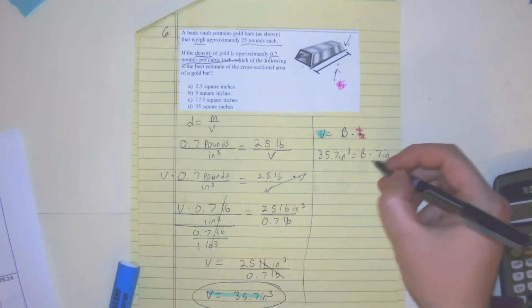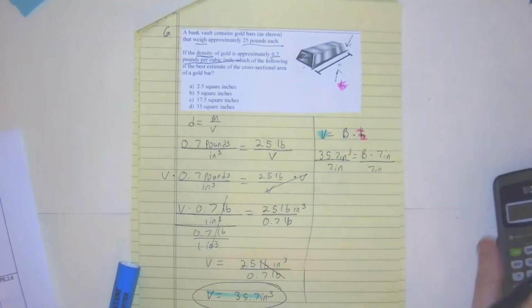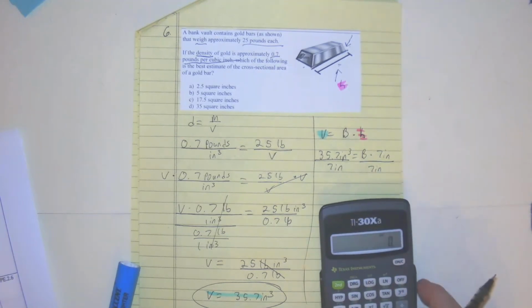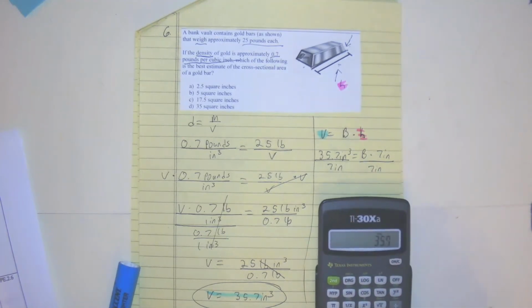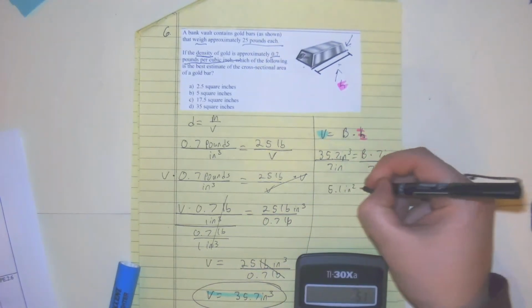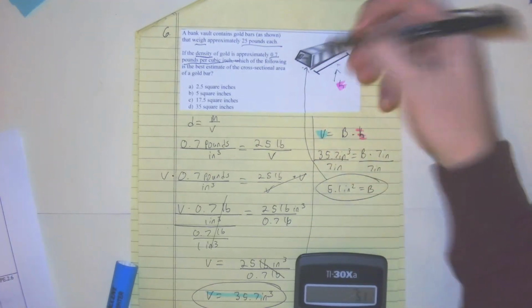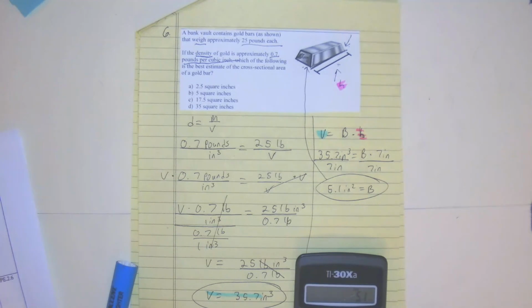The inverse of multiplication is division. Divide by 7 inches. We get 35.7 divided by 7, 5.1 inches squared equals the area of the base, which is right over here, what they want us to find. Alright, that was a lot of work, but we got it done.